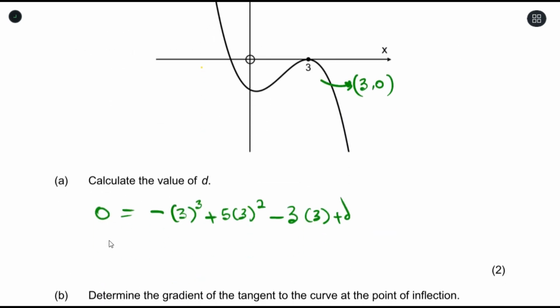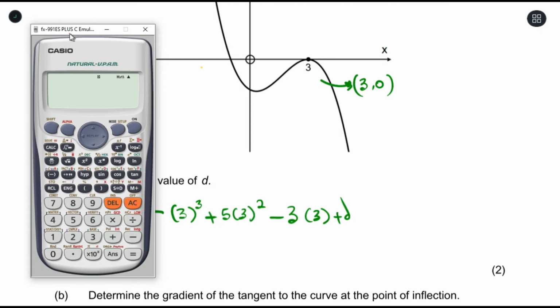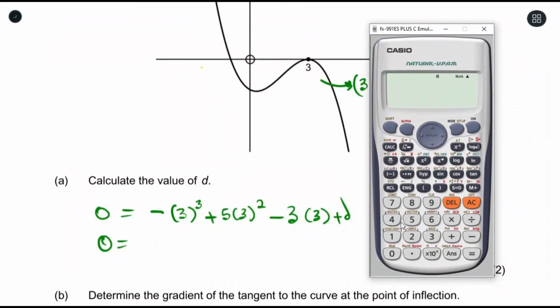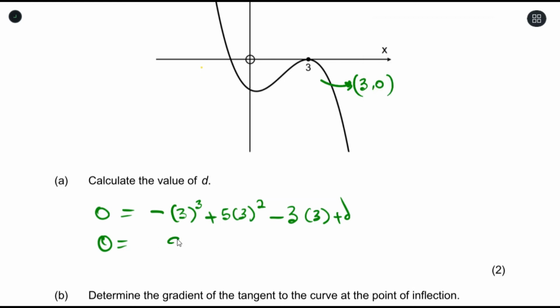So simplifying all this, you're going to get, so therefore d is equal to negative 9. Okay, so that will be the first question.